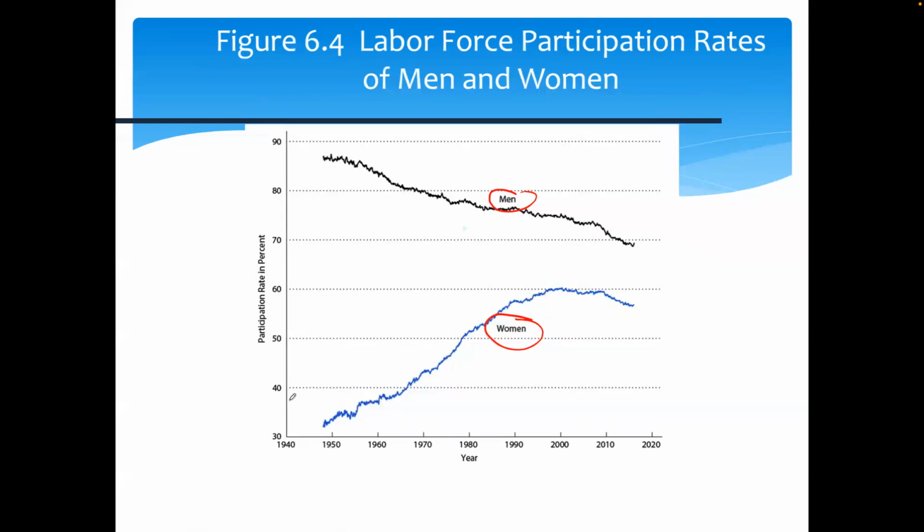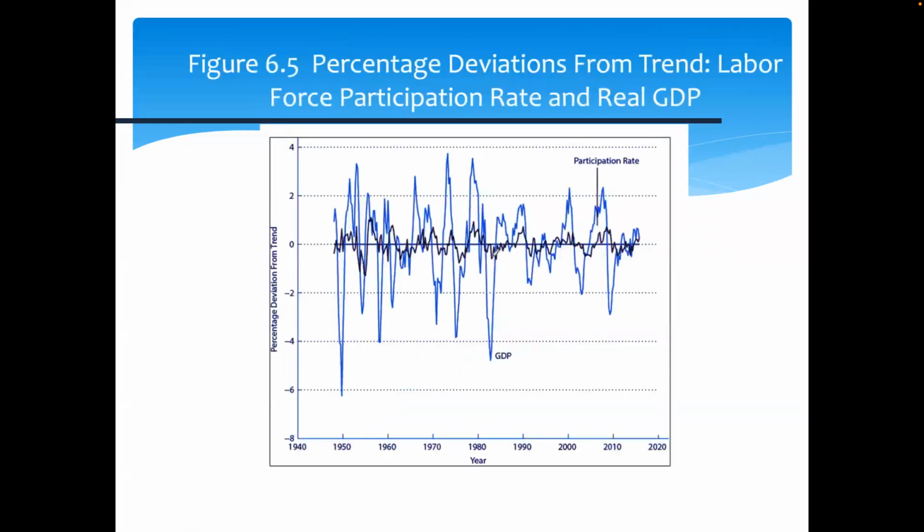Those things increase the opportunity cost for women to stay at home doing housekeeping, so they are more likely to go out looking for a job. Certainly, gender pay equality also helps to narrow this gap. But in any case, that's a fact we need to keep in mind to understand the labor market.